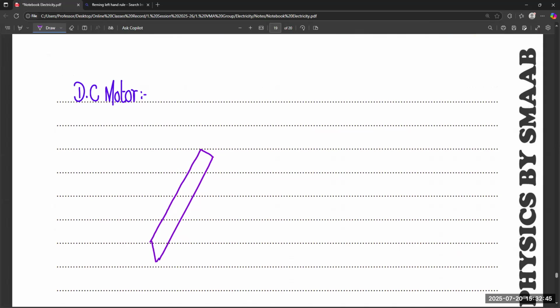Let's suppose this is the north pole again on the left hand side, and it is not compulsory to always place the north pole on the left hand side.